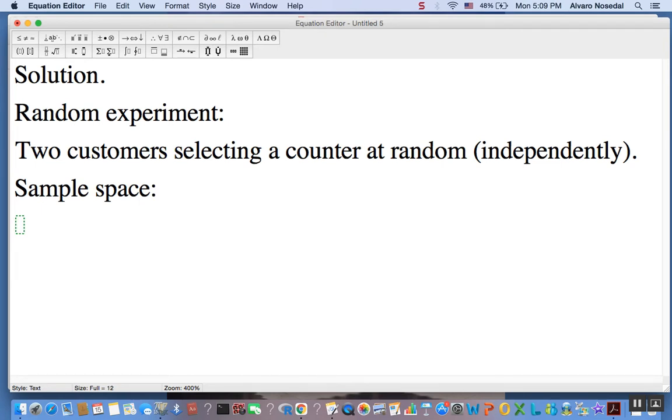So here we have to make a decision as to how we're going to be representing the sample space. I'm going to be using two coordinates.